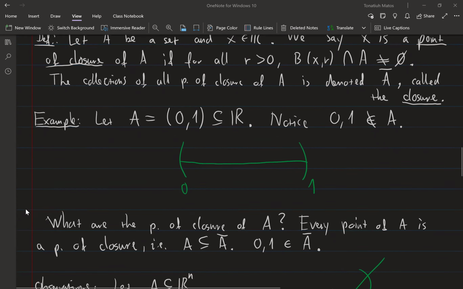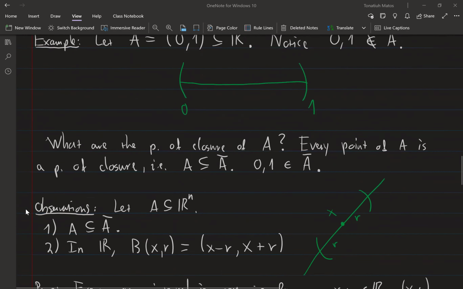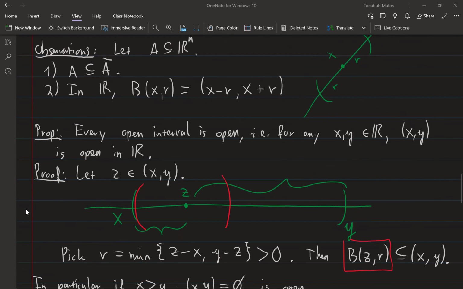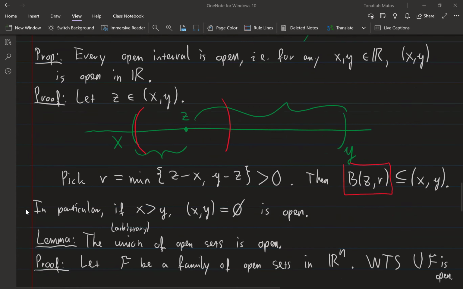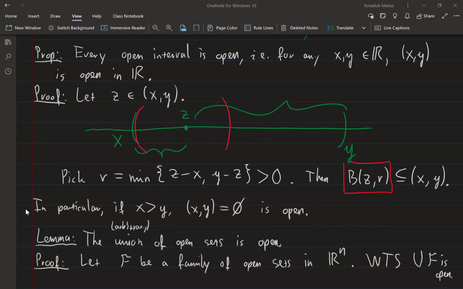This is called the closure. And here we have some examples. Some basic observations is that every set is contained in its closure, and the balls in R are simply just these intervals, right? Every open interval is open, and the exact same idea you can use to show that every open ball is also an open set, as the name would suggest.